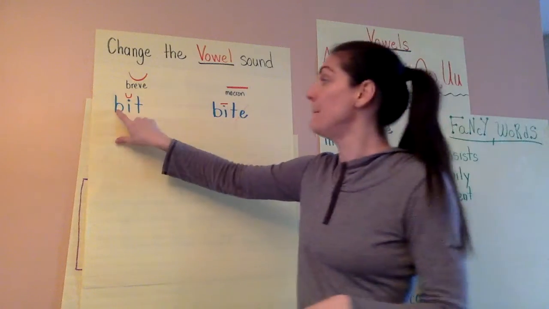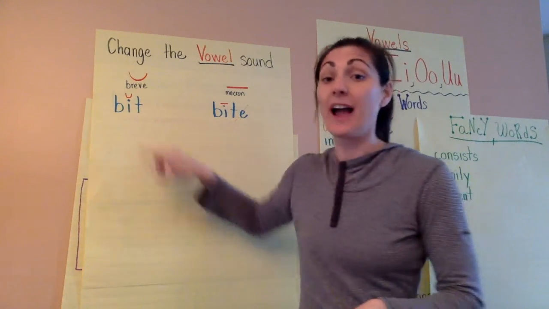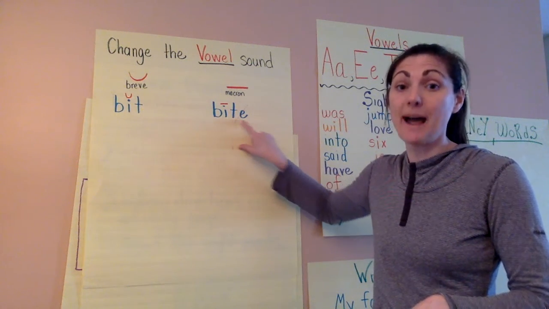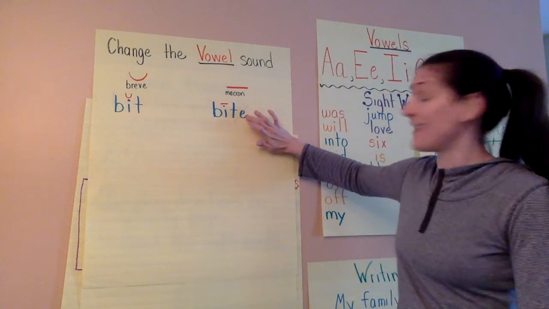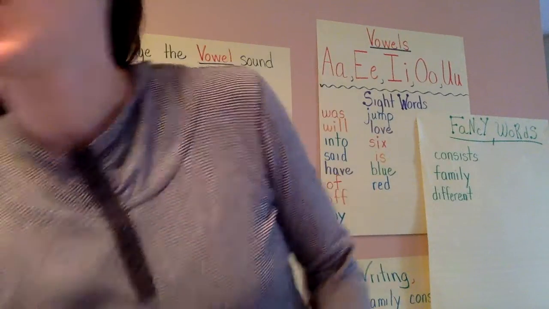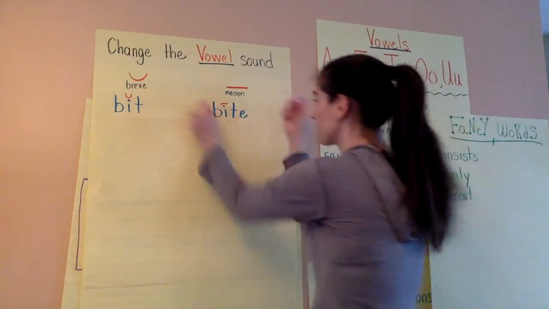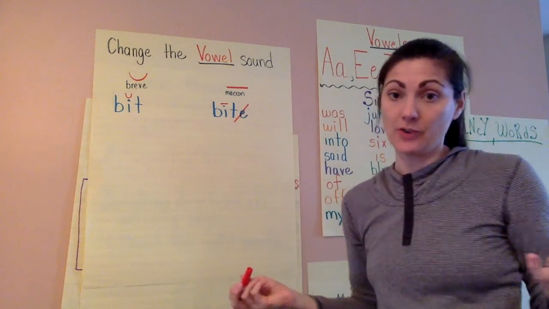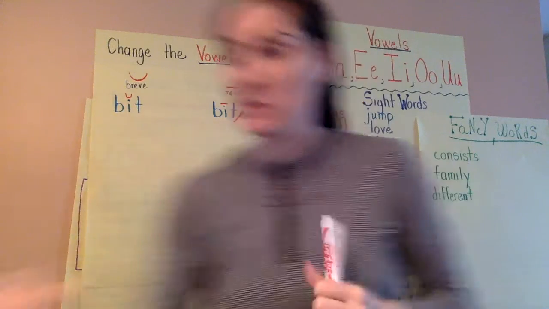So instead of b, i, t, I now have b, i, t, bite. And then this E is silent. We don't hear it. So when we are coding the words, we would also cross out this E because it's not heard. So watch me do another one.